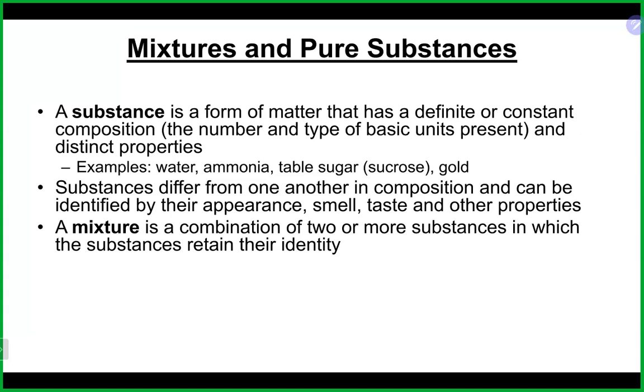Now, a mixture is a combination of pure substances where each substance actually retains its own identity. If you take water by itself, that is a pure substance. If you take sodium chloride, that is a solid, and that also is a pure substance.